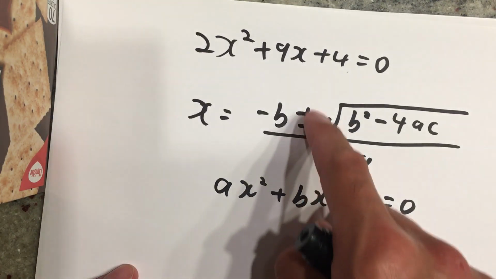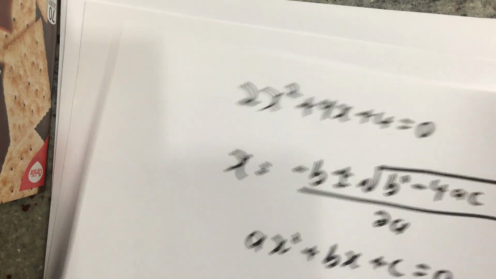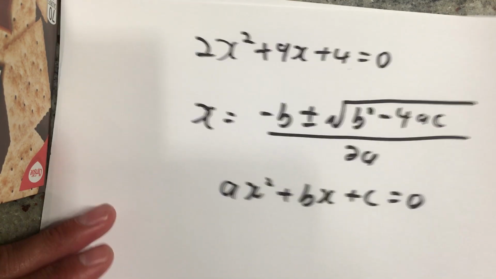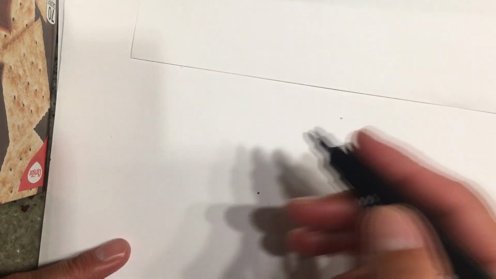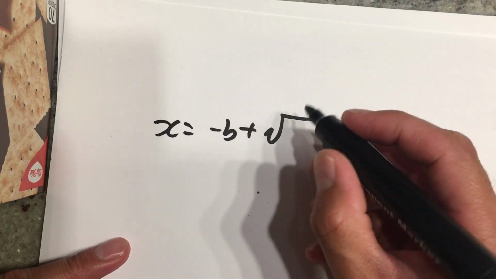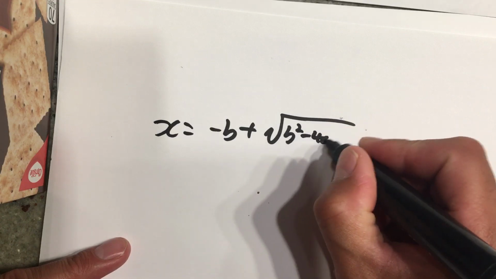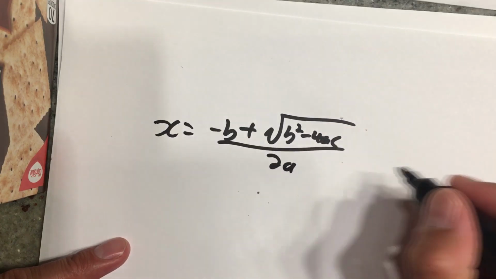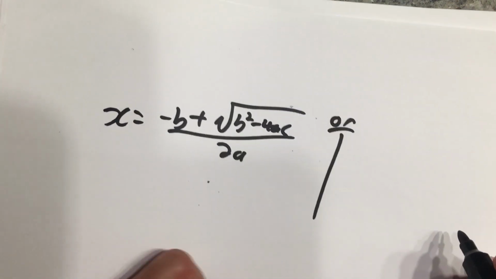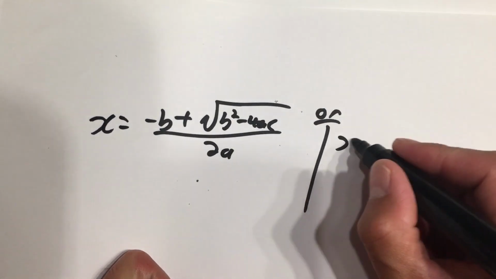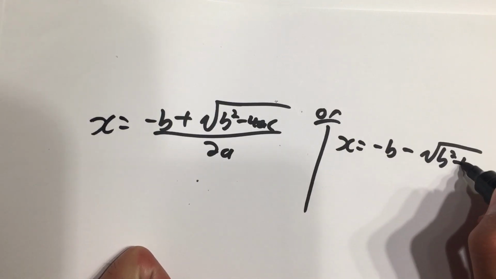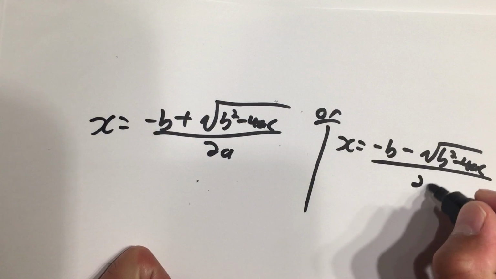Let me explain this whole plus or minus idea here. What that really means is that we have two formulas. They are x is equal to negative b plus the square root of b squared minus 4ac over 2a, or in the other possible case, x is equal to negative b minus the square root of b squared minus 4ac all over 2a.